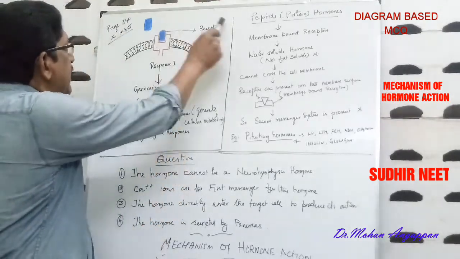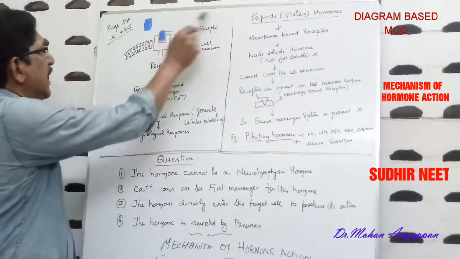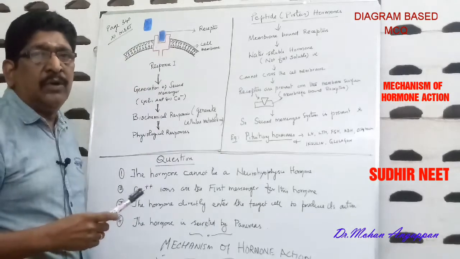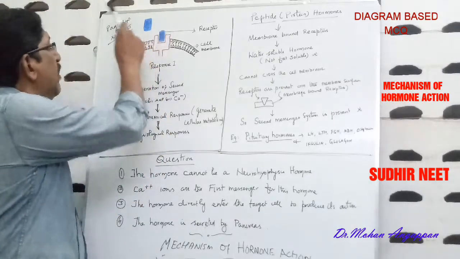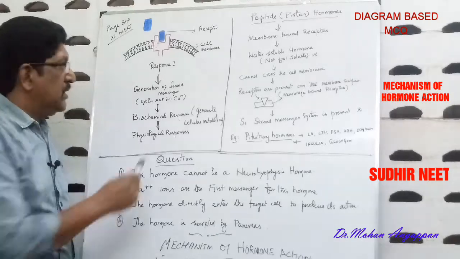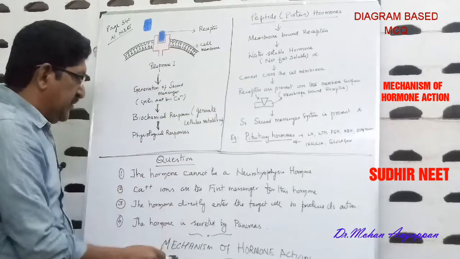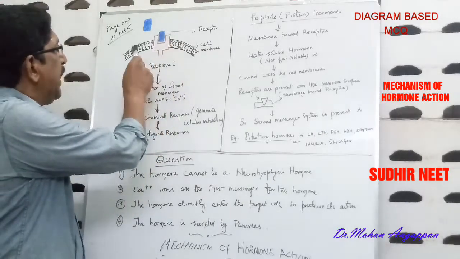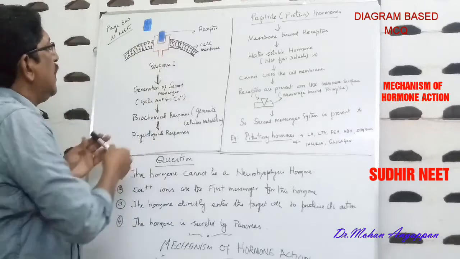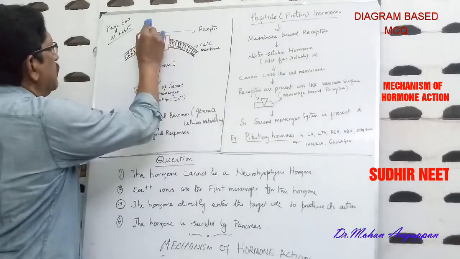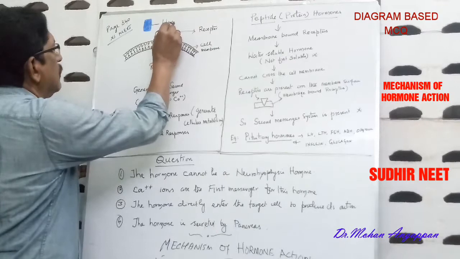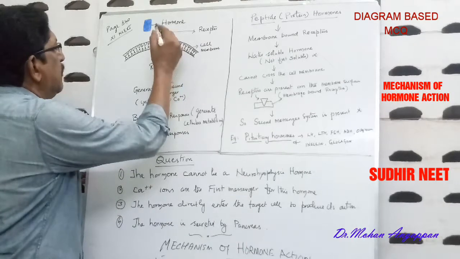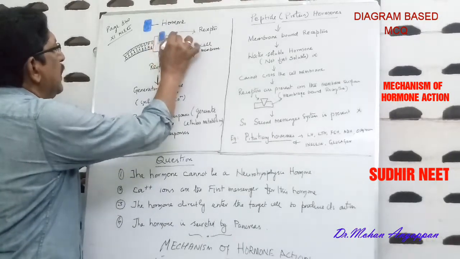This is the diagram that you can see in your 11th NCERT book, page number 340. You can refer. This is the diagram and this is the question. Now let us look at the diagram. It is a cell membrane. It is the hormone. And then this is the receptor.